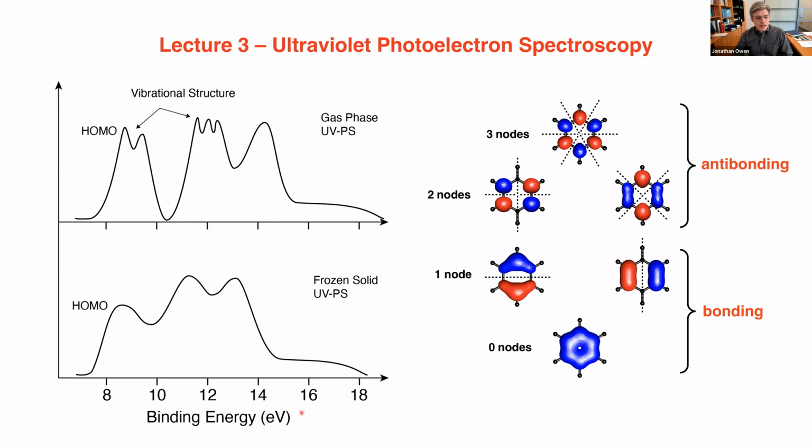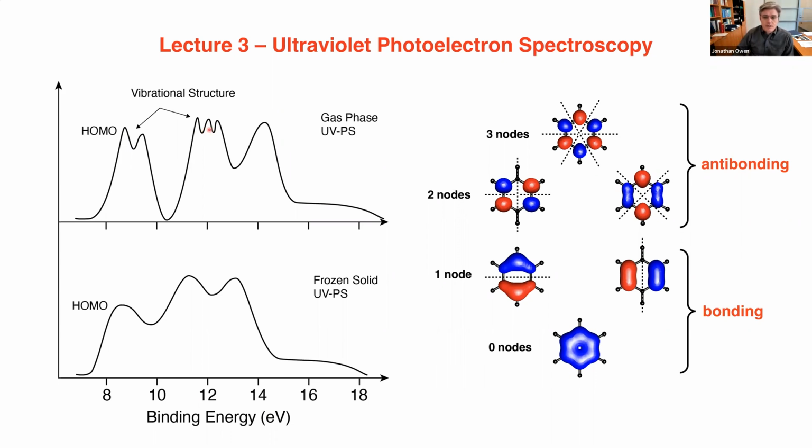Shown here is the binding energy. And you'll get these peaks with teeth on them. Actually these teeth correspond to vibrational energy differences. So the CC double bond in benzene has vibrational frequencies around 1600 wave numbers.